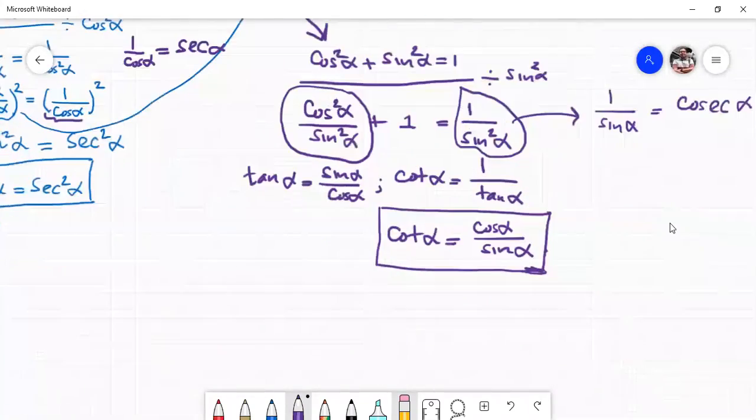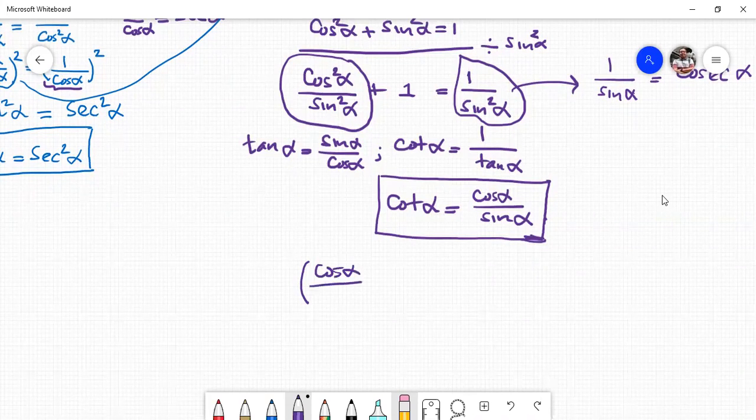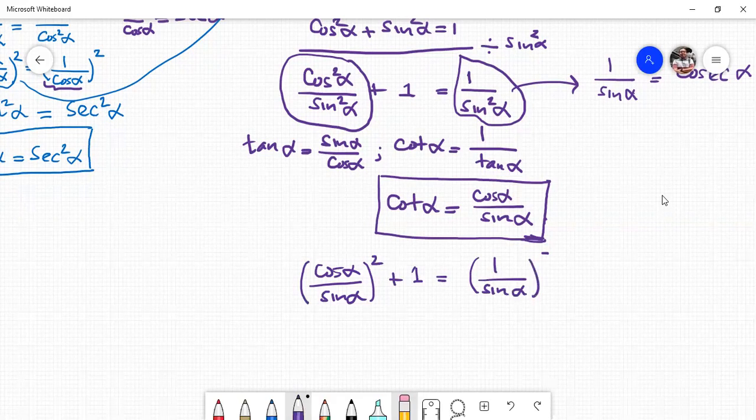Just right here below that I put bracket, cosine alpha out of sine alpha, this is square, plus 1 equals to, in the bracket, 1 out of sine alpha, this is square.